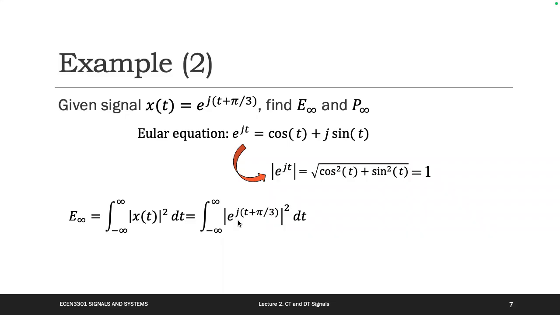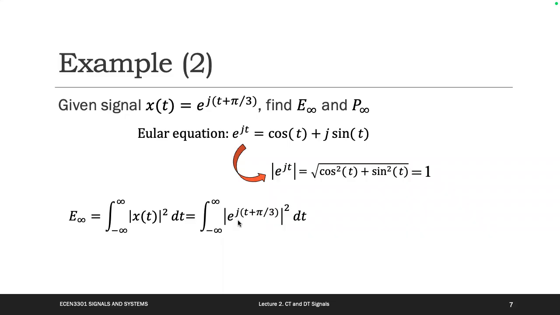We have this one, e^(jt) equals cosine t plus j sin t, right? And then the magnitude of e^(jt) equals the square root of cosine t squared plus sin t squared, and this one is equal to 1.